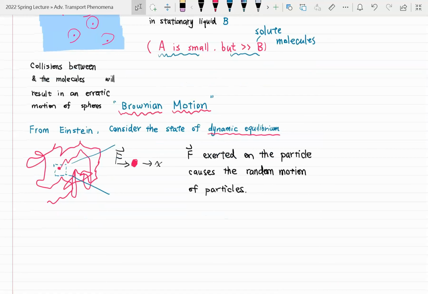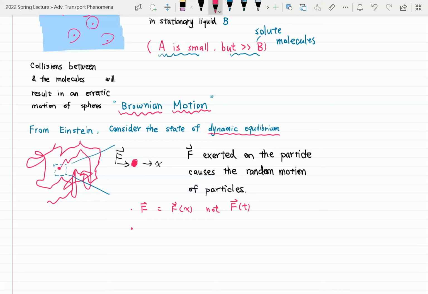Okay, and here are some basic assumptions about the force F. The first one is that this oscillating force is only dependent on position but not time. So F is only F of x, not F of t. It's not a function of time.